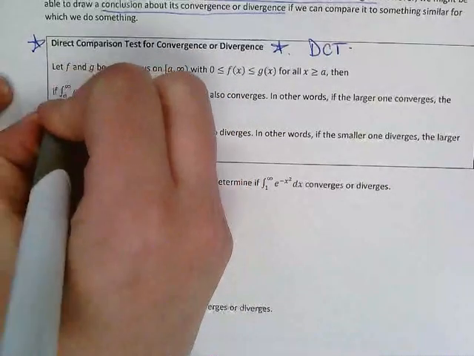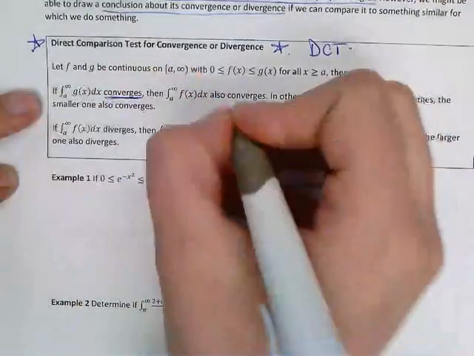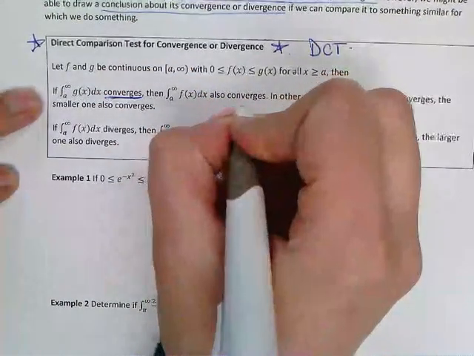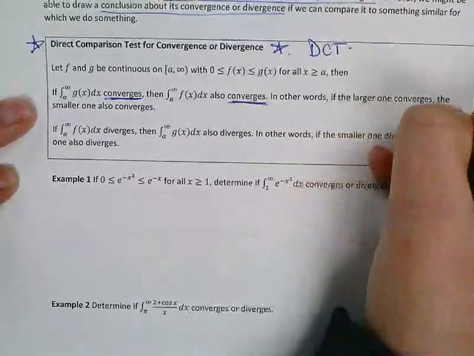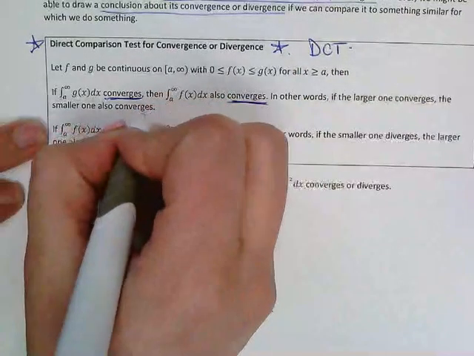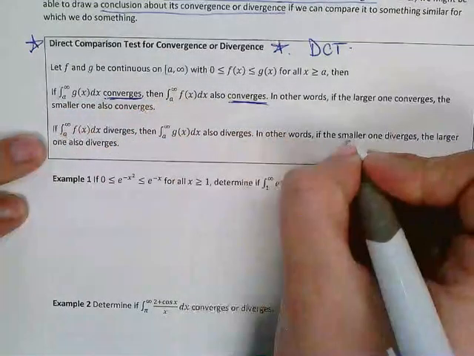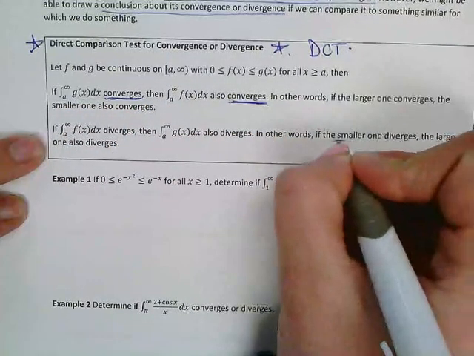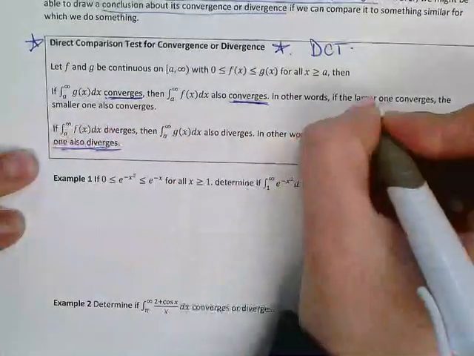And basically, if the thing that you're comparing converges, then the other function that you are figuring out also converges. So in other words, if the larger one converges, the smaller one will converge. And if the smaller one diverges, then the larger one also diverges.